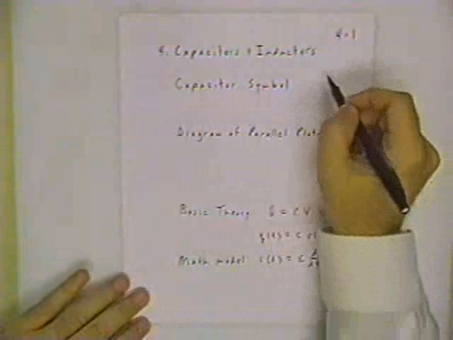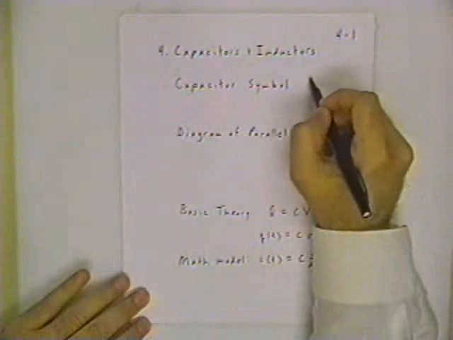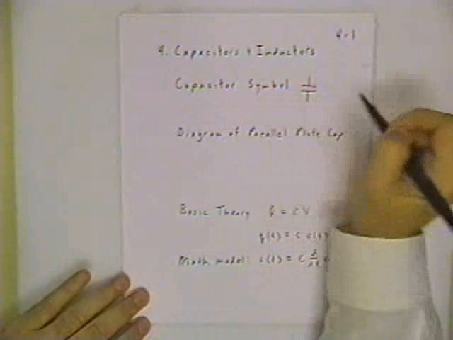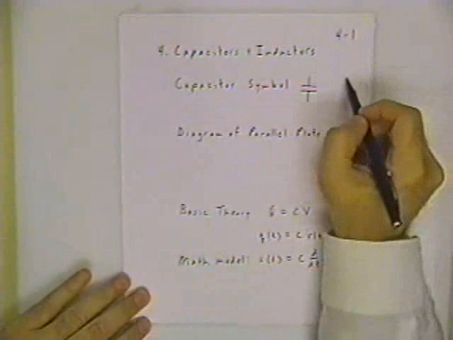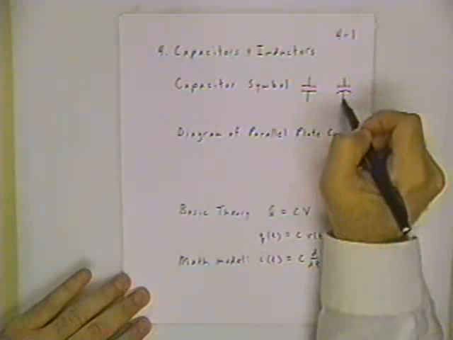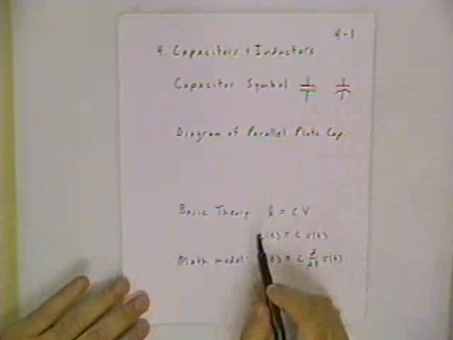First is the capacitor. The symbol traditionally has been very similar to the architecture of the capacitor, just a pair of parallel plates. Current practice is to make one of those plates curved, just so that you have less chance of confusing it with the battery symbol.